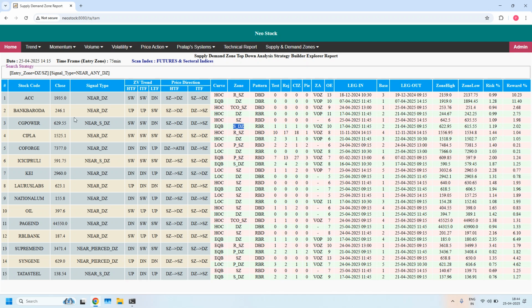CG Power is having a high liquidity zone, 75 minutes demand zone. ICICI Prudential is having a 75 minutes high liquidity demand zone. Tata Steel is having a 75 minutes high liquidity demand zone. So total 3 75 minutes high liquidity demand zones we identified.